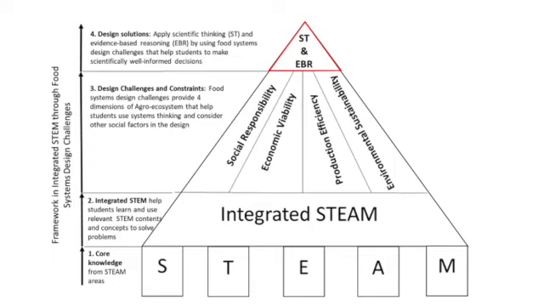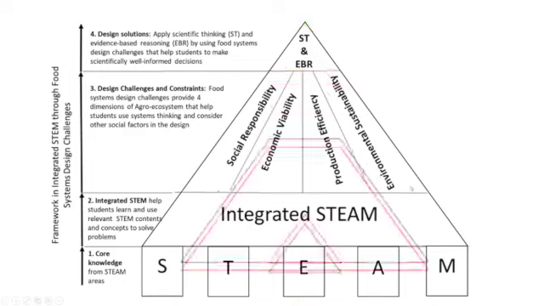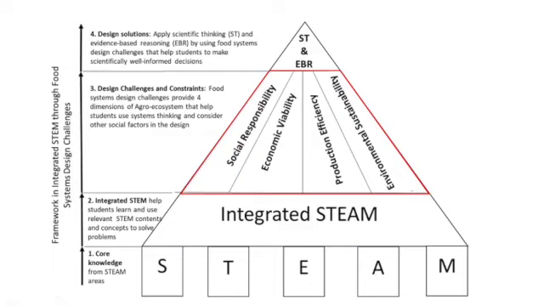How do you apply scientific thinking and evidence-based reasoning using this food system design challenge and help students make more informed decisions? So now as we think about that decision that you're wanting to make, how do you frame the problem? How do you problematize what you want the students to investigate? And so do that by thinking about maybe some different challenges and constraints regarding the design of that. And that could be, as we just showed in a previous slide, based upon social responsibility.